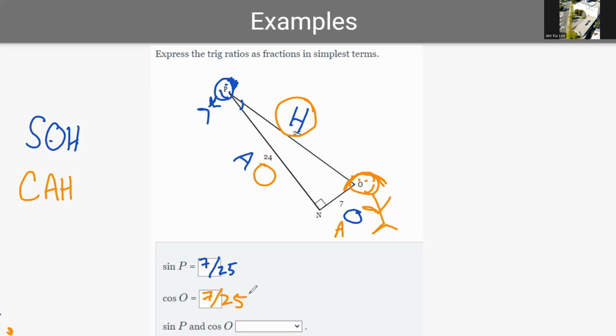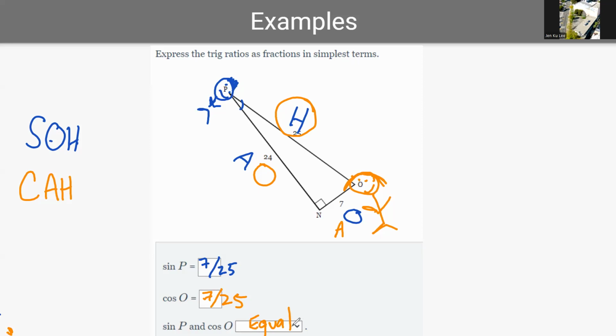Okay? And then if you push this button, the drop-down menu is going to be, is sine P and sine O equal or not equal? And you can obviously tell, right, from 7 over 25, 7 over 25, they are going to be equal. Okay? That's all you do there.